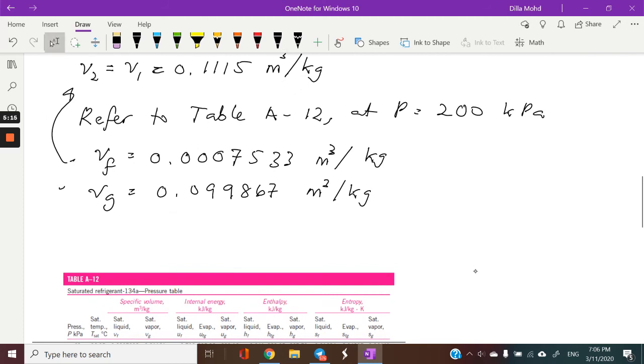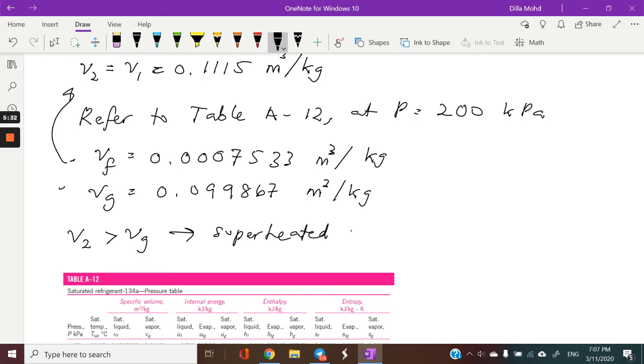Again, we need to compare these two values with our actual specific volume. When you compare, you can see that your actual specific volume is bigger than v sub g. So this means that your refrigerant is a superheated vapor.